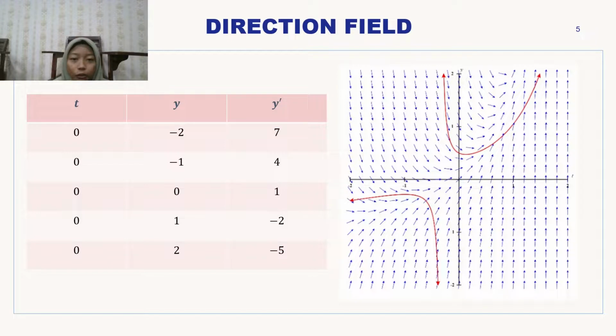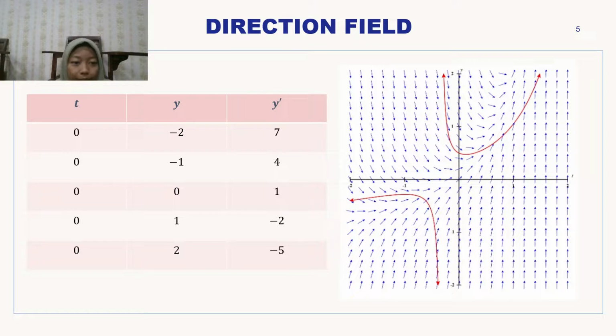To find the direction field, our group used the direction field explorer, an online website. We can see that there are two graphs, above and below. In the above, after we calculate the asymptote, the vertical asymptote is t equals negative 1 over 3.